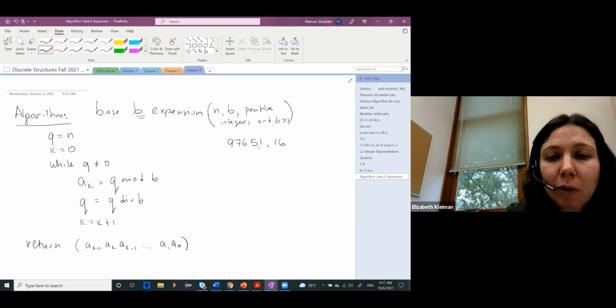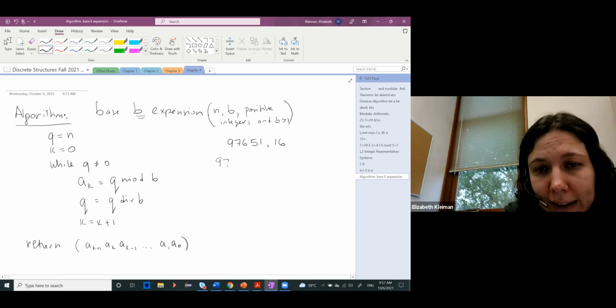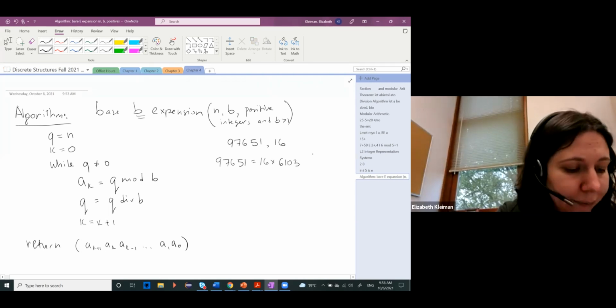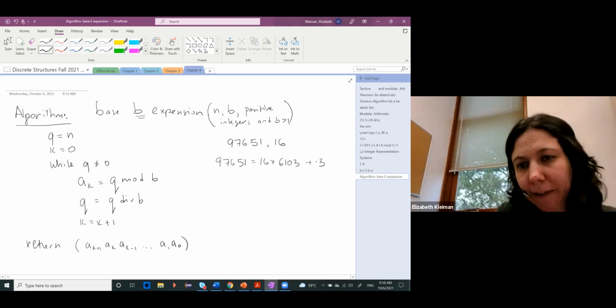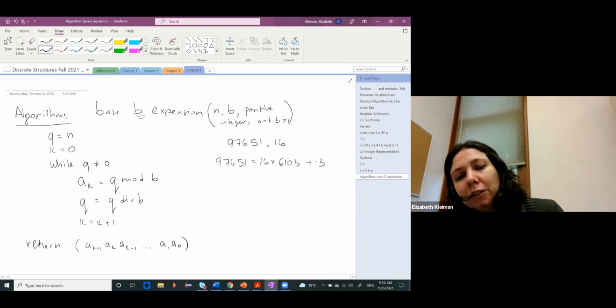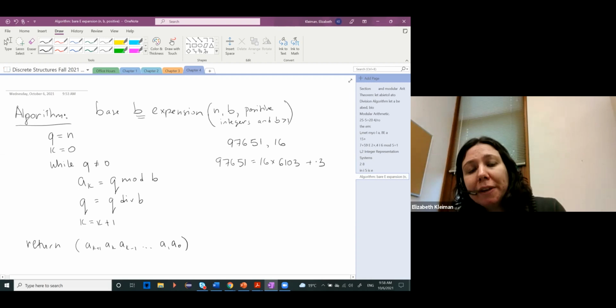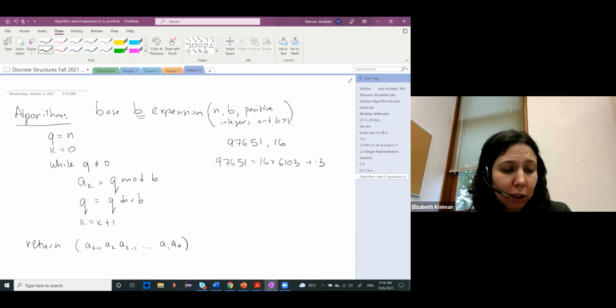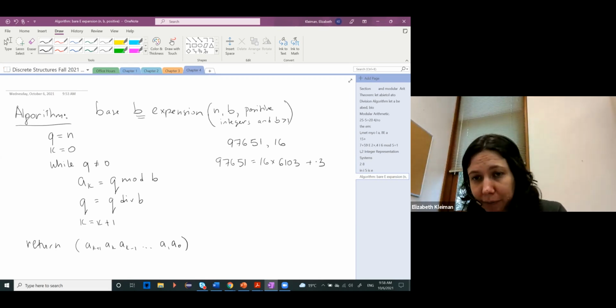The first thing I'm going to do is say, okay, 97651 is equal to 16 multiply 6103 plus 3. So remember, what I do is I mod B, correct? I'm trying to divide it by 16, and I need to find my quotient and my remainder. And this is what we did. We found the quotient and we found the remainder.